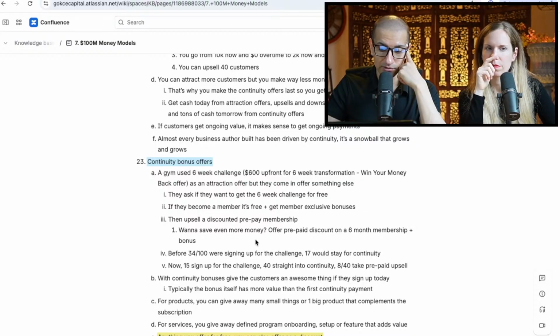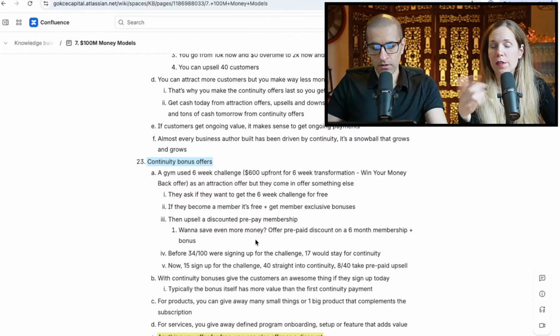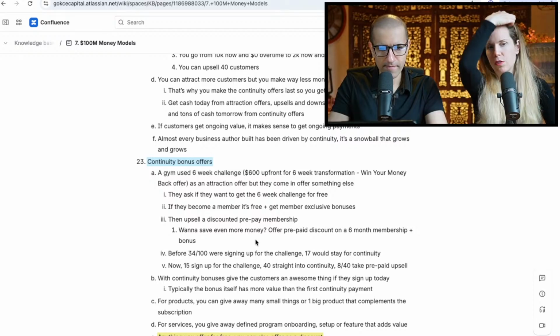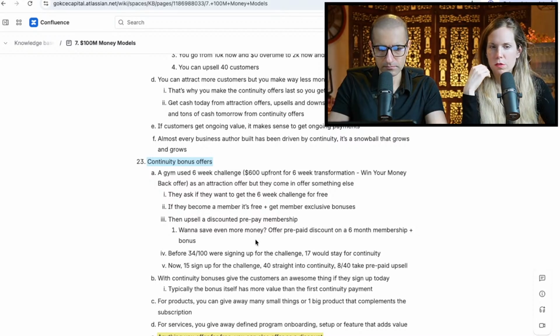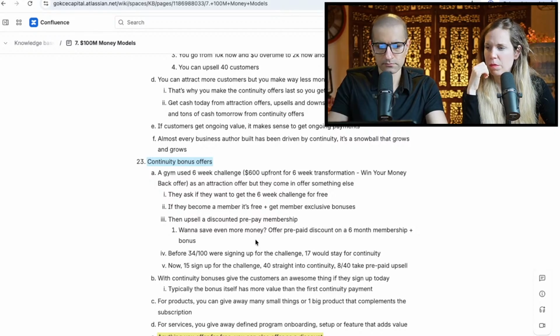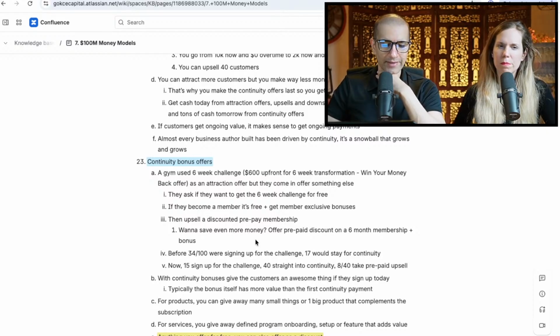Because the whole idea in the continuity bonus offers is you're offering a bonus that's free, that is basically greater than the value of the first month or so's payment. So people are buying the continuity offer in large part because they just want the bonus, right? Like the bonus is so good. And that's the only way you get it.